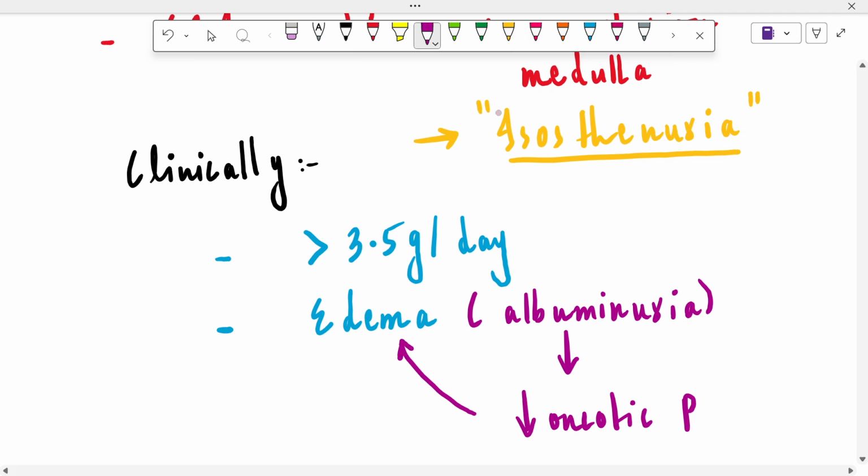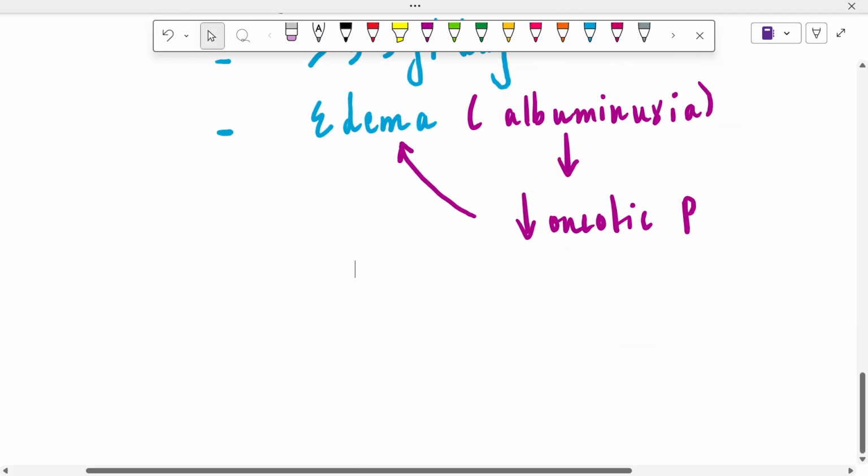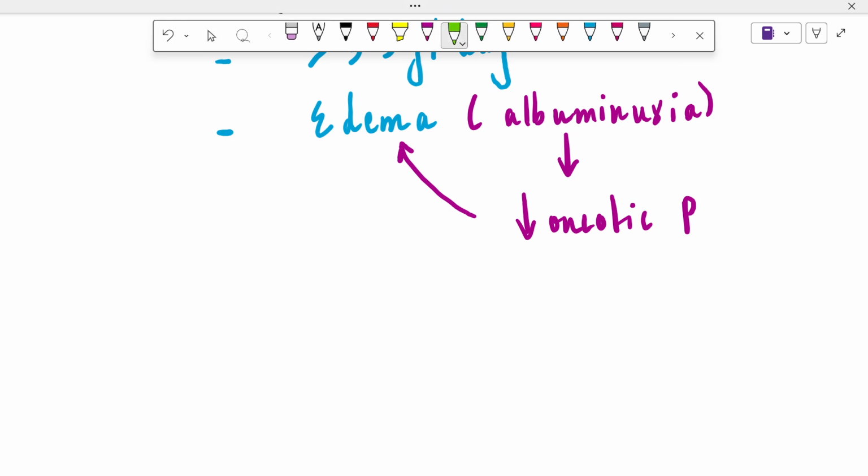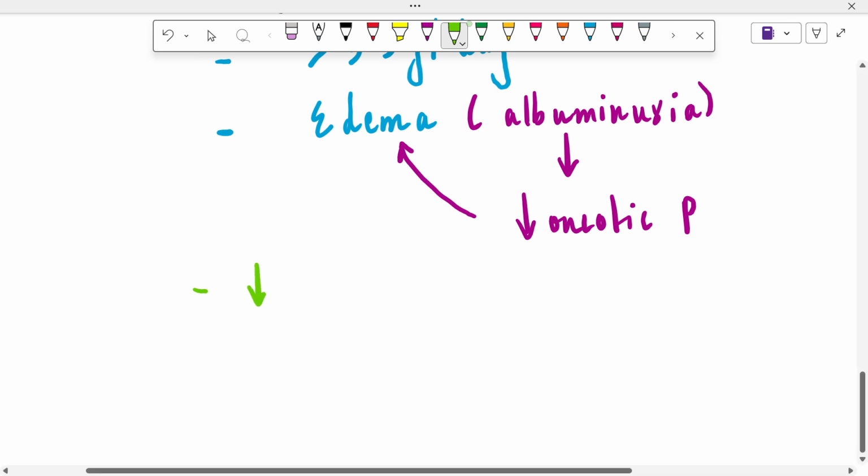The fluid will shift from the circulation into the tissue space. In the morning there will be periorbital edema, in the middle of the day there will be genital edema, and in the evening or at night the patient will complain of pedal edema, that is edema in the feet, right?